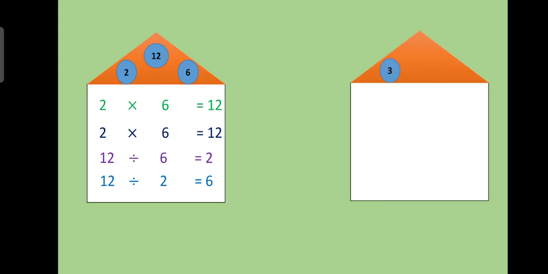I have these three numbers 3, 18, and 6. At first, we will arrange them in a multiplication equation. We said before, I will start with any of the two small numbers. 3 by 6 equals 18.